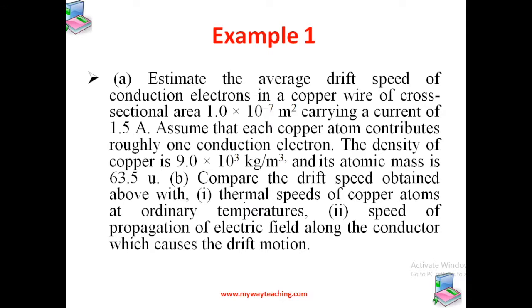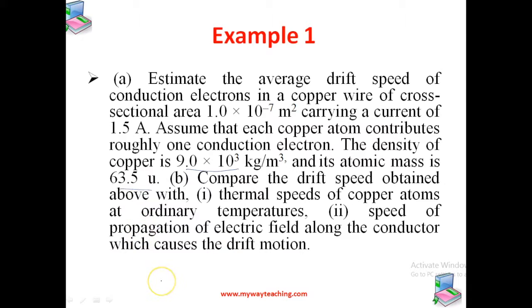The density of copper is 9 x 10^3 kg per m^3 and its atomic mass is 63.5 u. Compare the drift speed obtained above with thermal speeds of copper atoms at ordinary temperatures, and the speed of propagation of the electric field along the conductor which causes the drift motion.